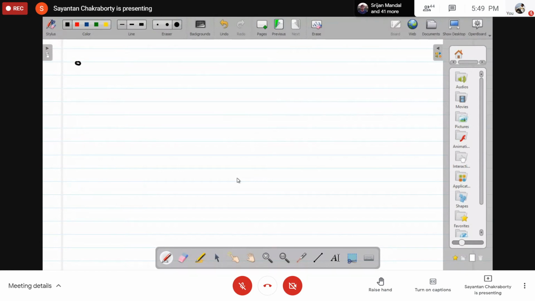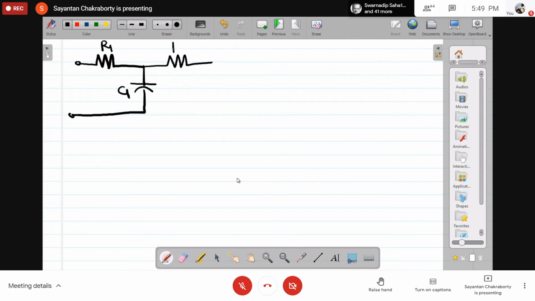So, what we have here: the first cascade R1, C1, and the second part R2, C2, right? And this is your E0, and this is your EI. So what you have to do is directly draw the corresponding circuit in the complex impedance plane.